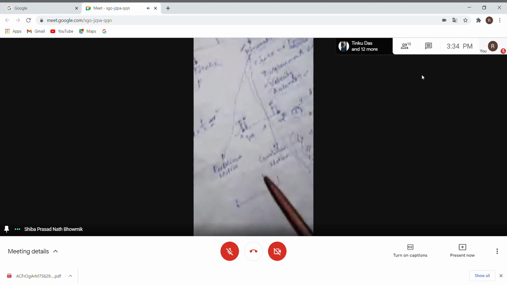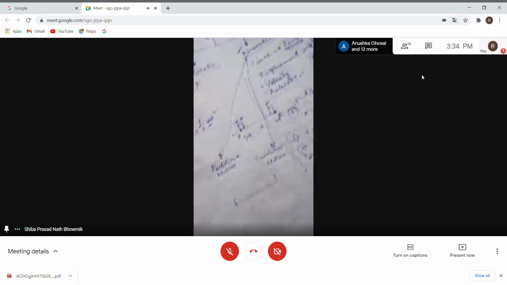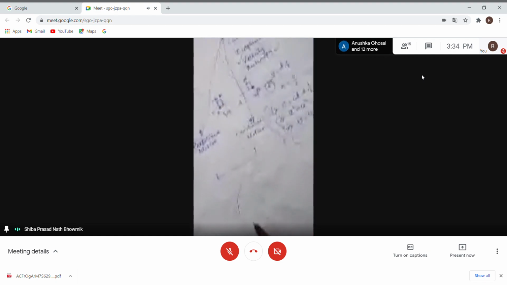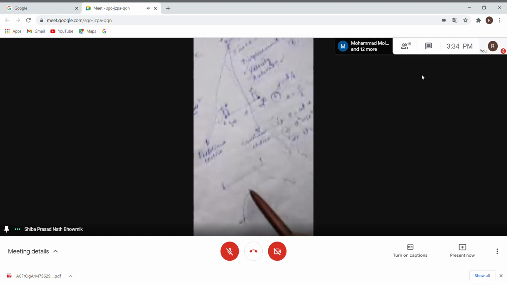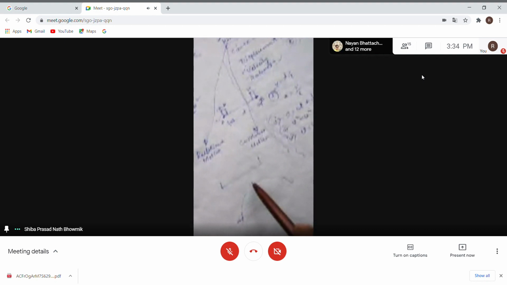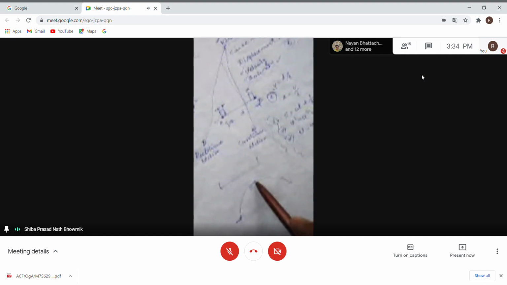Now, if the path is a curved line like that, say the object is thrown in a direction into the air, not vertically upward, then it will move and reach a height, and finally again it will touch the ground here.